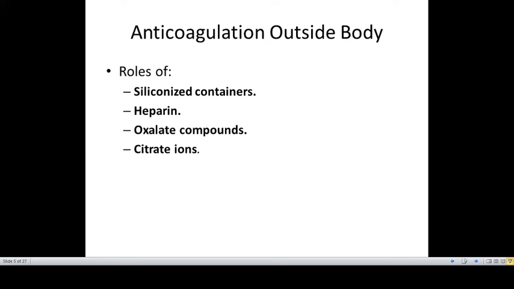Blood collected in these containers does not clot for about 1 hour. The reason is that the silicone coated surfaces prevent contact activation of platelets and factor 12.